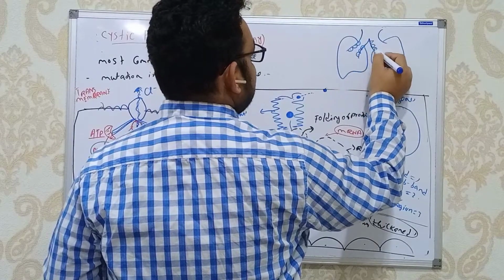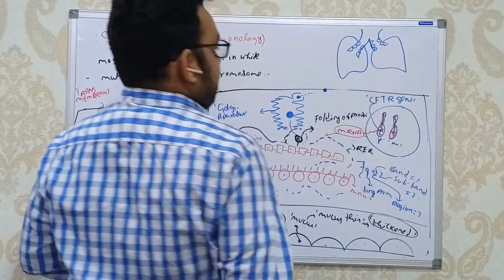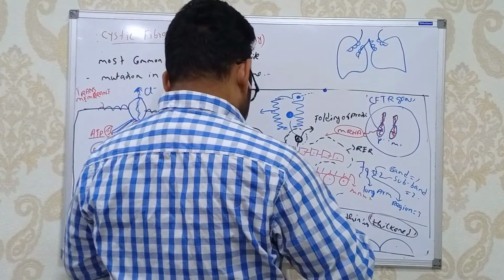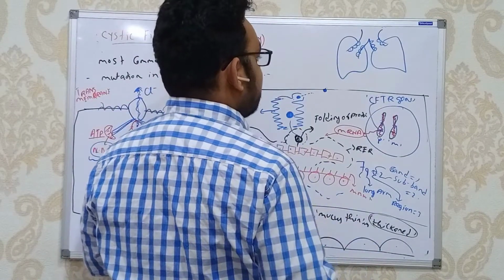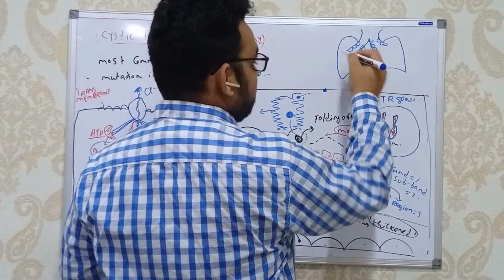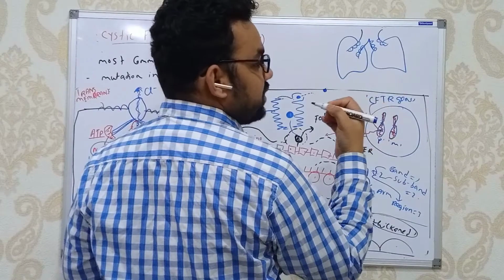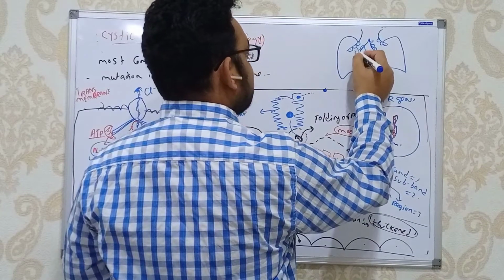Right? These are the ciliated epithelial cells. Now they will produce mucus. I already said that this will transport the chloride also, and it will not let the sodium come in. As a result, it will hold the water molecules along with it, so the mucus will be thin here. So let's suppose the mucus is thin.